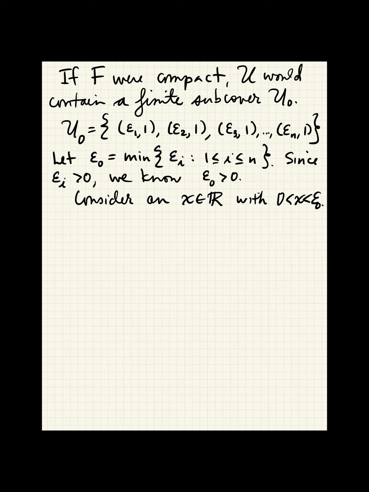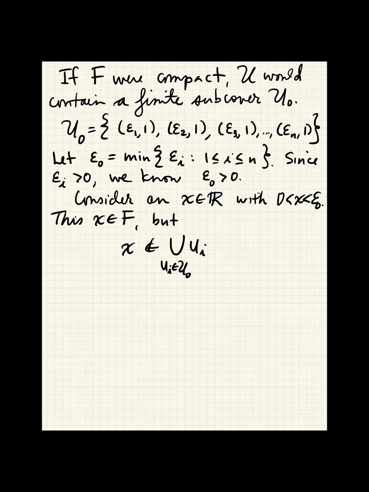We know they exist. There's lots of them. This x is in our set F, okay? But x is not in the union of the u i, where the u i come out of our subcover.